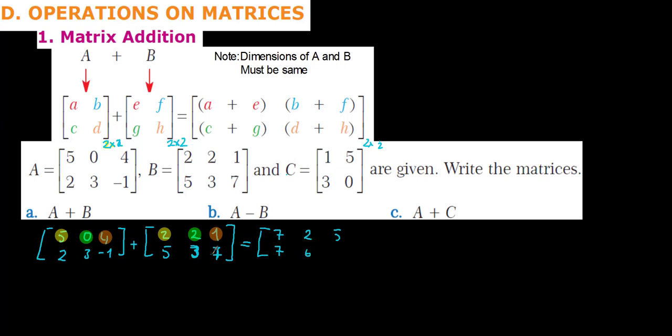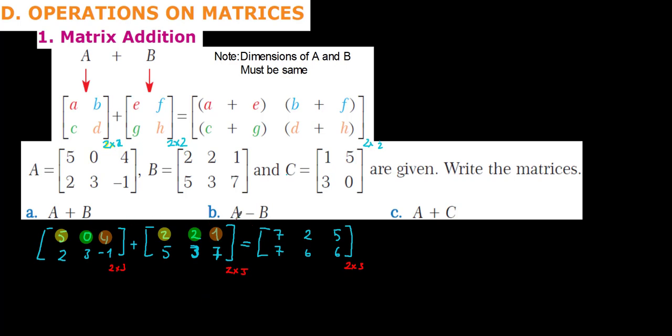And minus 1 plus 7, it's equal to 6 again. So here, as I repeat before, the dimensions are a 2 by 3 matrix and a 2 by 3 matrix. Again, the result is a 2 by 3 matrix.